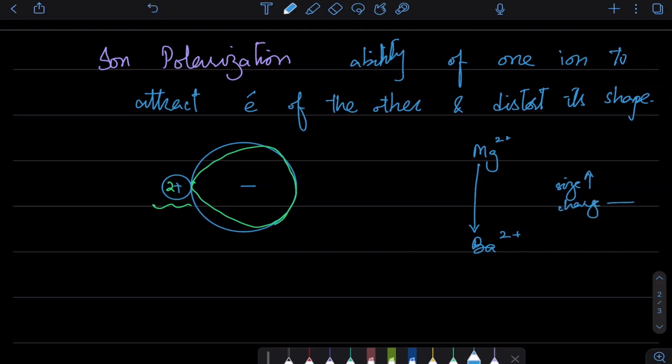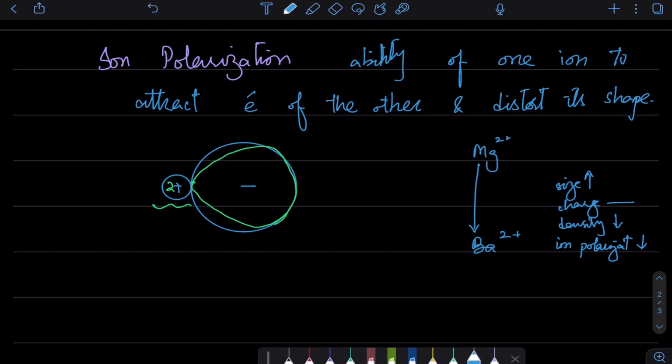And because of that, the charge density decreases. And because of charge density decreasing, the ion polarization or polarizing power decreases, because obviously magnesium is a smaller volume with the same charge, and barium is a much bigger volume but the same charge. So distribution uski different ho jati hai.